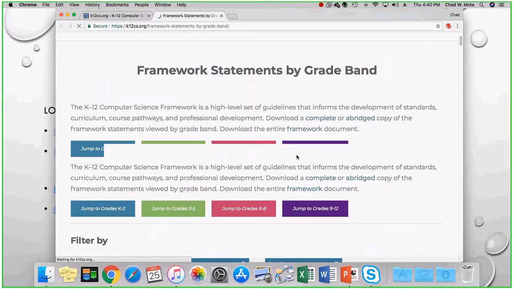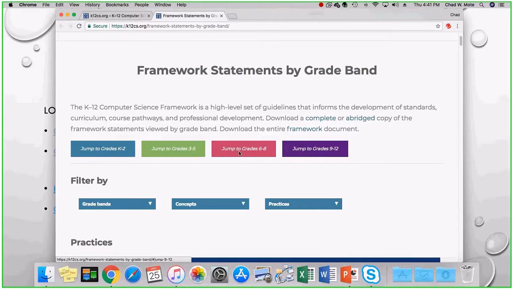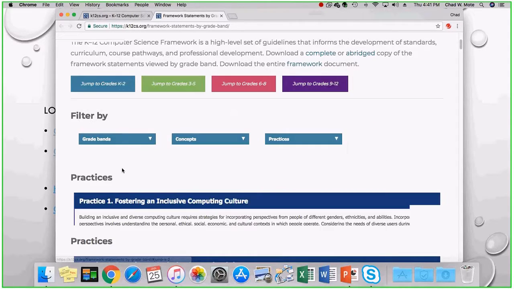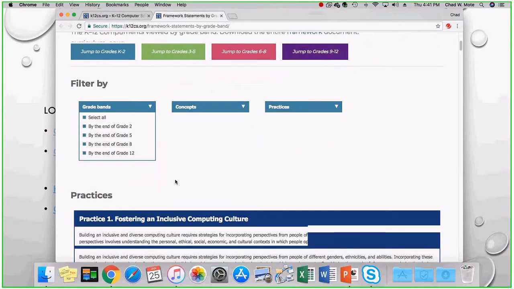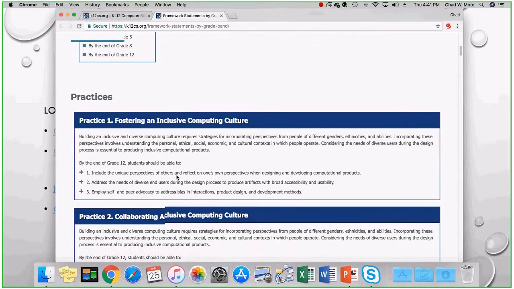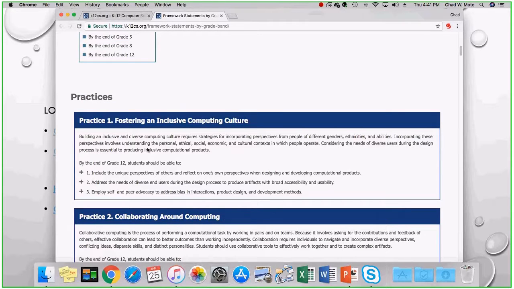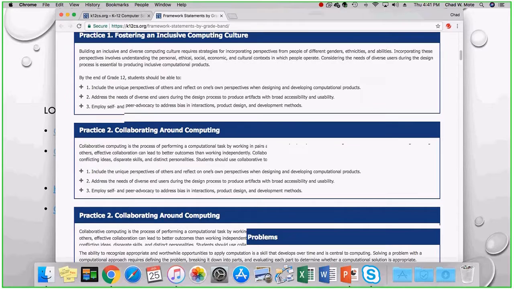You can see K-2, 3-5, 6-8, 9-12 here, and by the end of 2nd, 5th, and 8th grade, what the kids should be able to do with these practices.